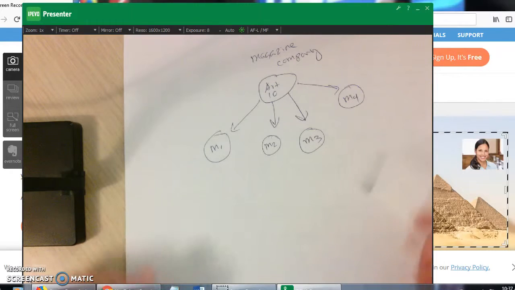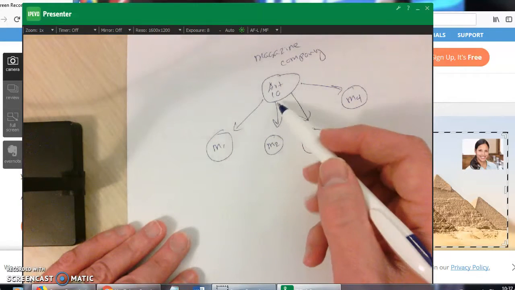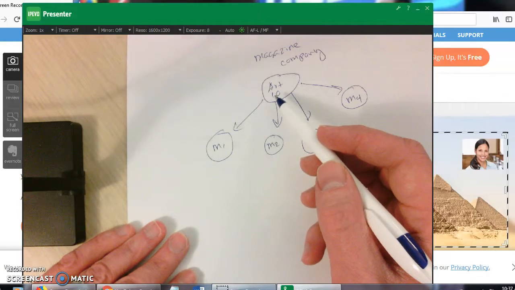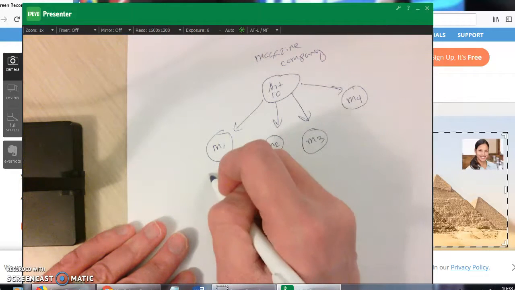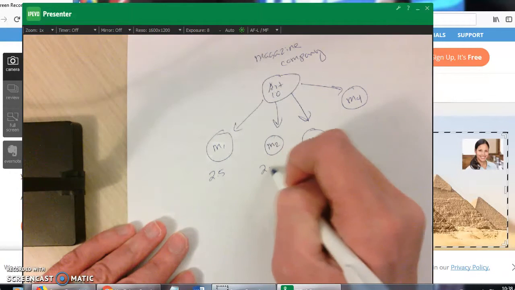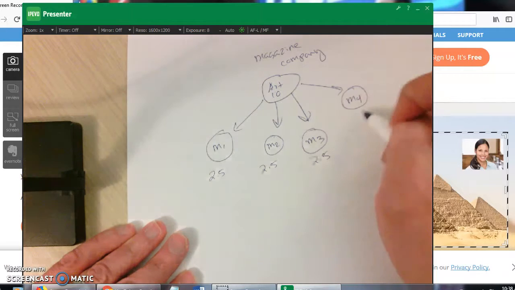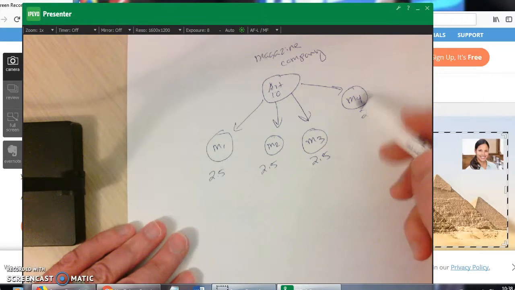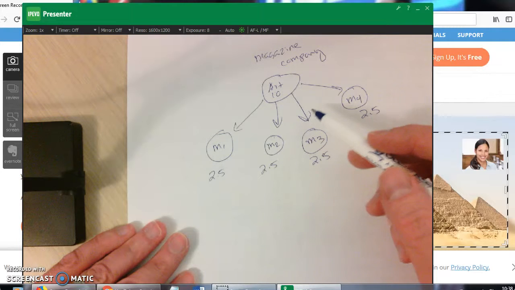They have an art department that's shared among these 4 different magazines. And this art department allocates $2.50 to each magazine because it supports each magazine in the context of developing art.